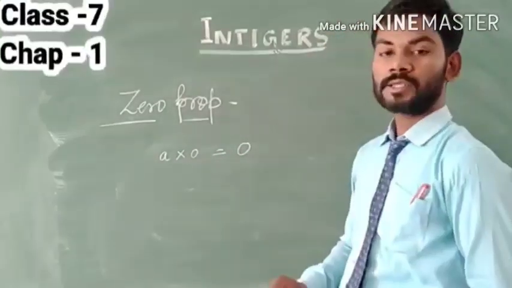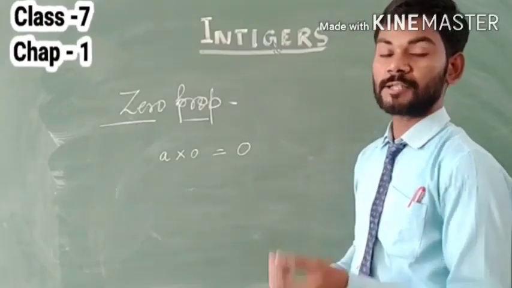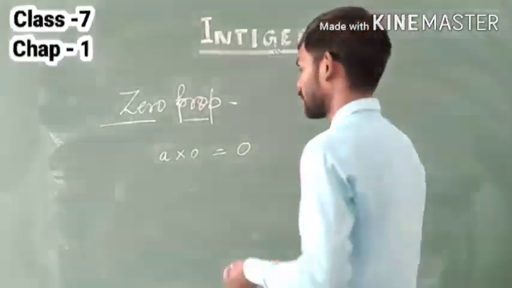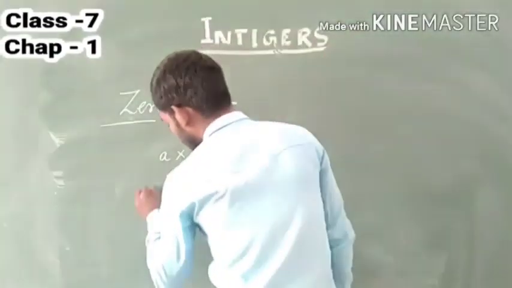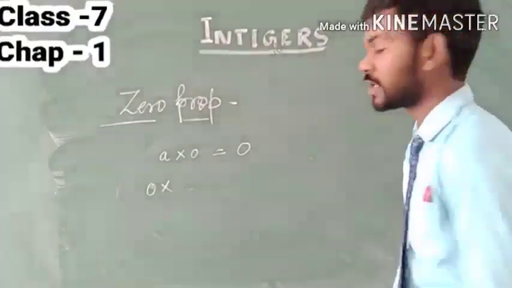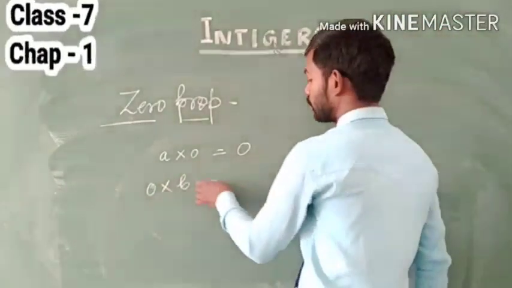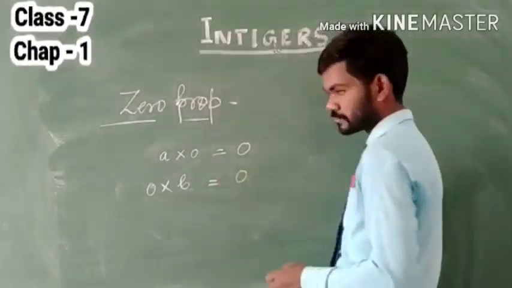As you know that multiplication of integers also satisfies the commutative property, it is obvious that whenever 0 is multiplied by any non-zero integer, suppose b is any integer, we again get 0.